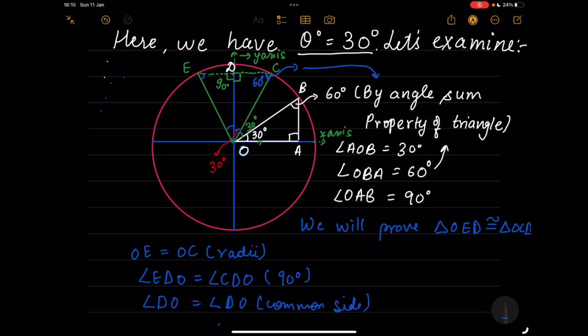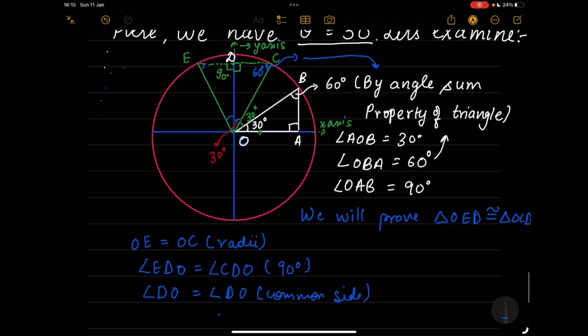And we know that if we have right angle triangles, then using the property that one right angle is equal, one side is equal, and hypotenuse is equal, we'll get triangle OED congruent to triangle OCD.